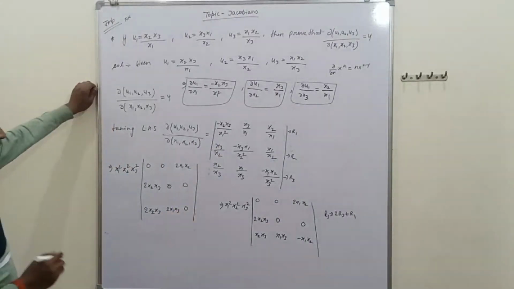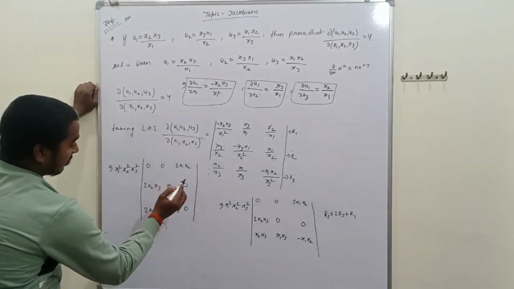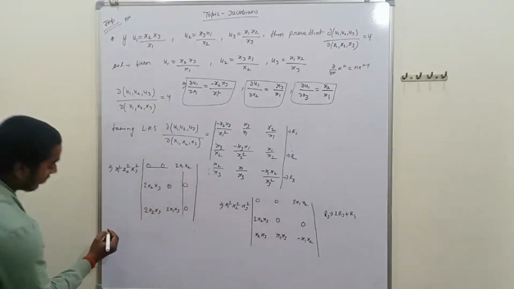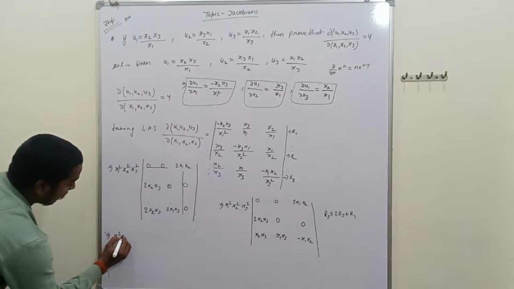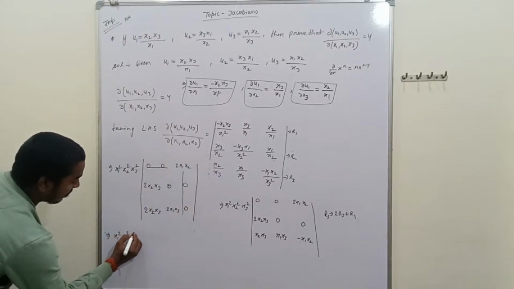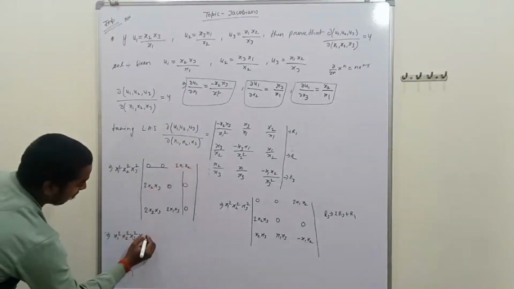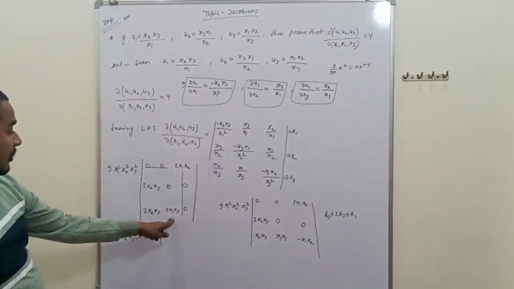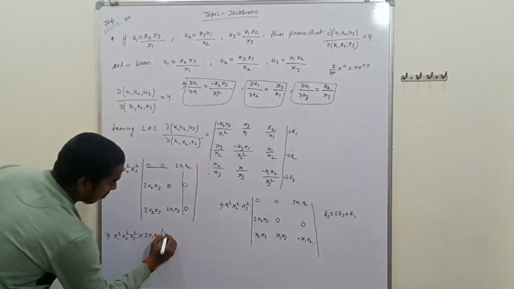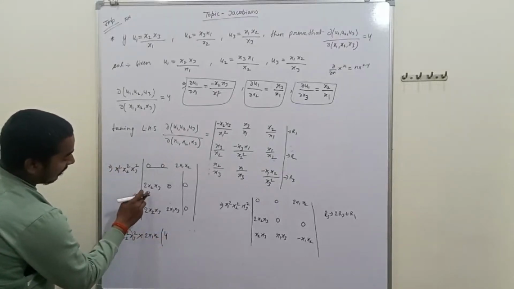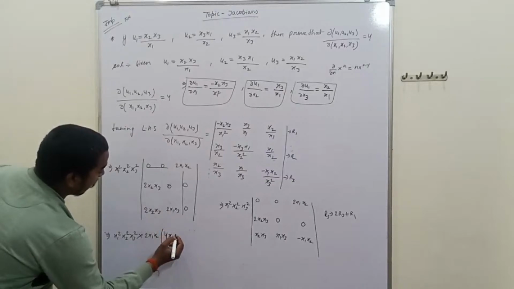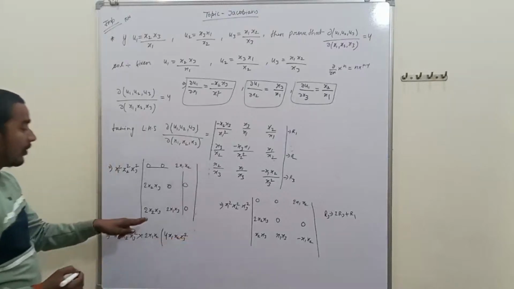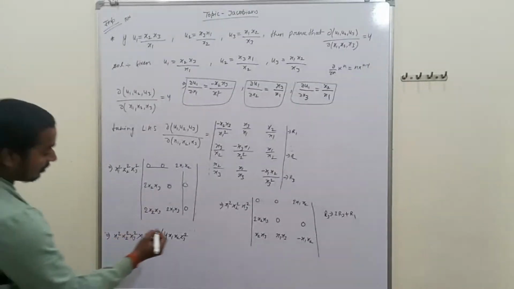Further we have to open the determinant with respect to this row, and this row and this row are eliminated, that is x1 squared x2 squared x3 squared into 2 times x1 x2. On cross multiplication, 2 2s are 4 x1 x2 and x3 whole squared, and the other cross multiplication is 0.